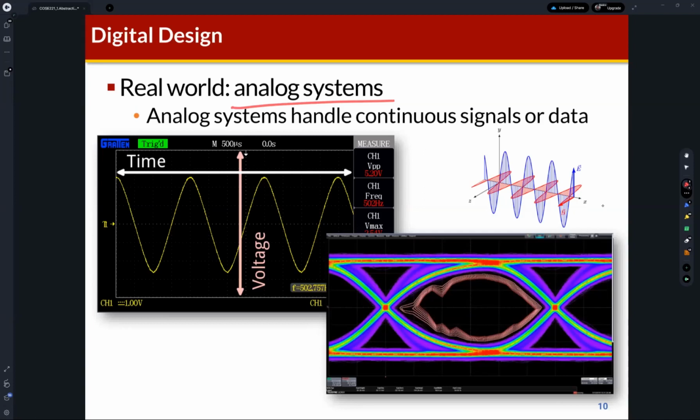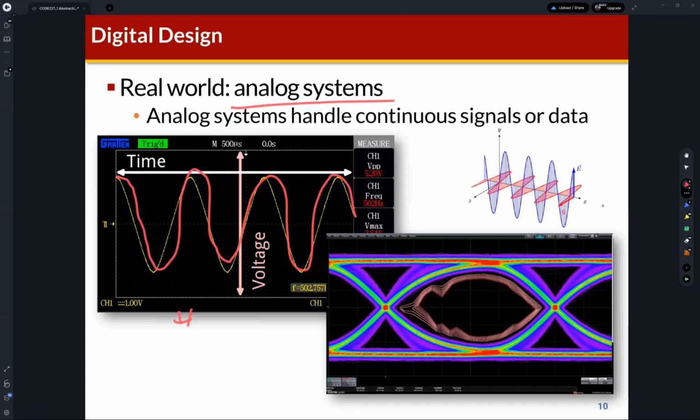The real signals and the real data we can observe in our real world are analog signals. For example, this is the figure of a sine wave in a circuit, and you can find that the signal values change continuously.